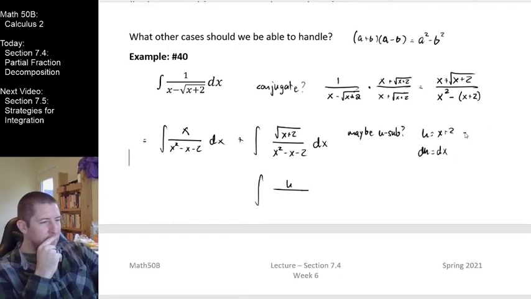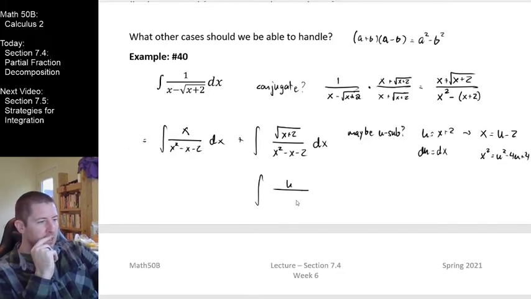I guess I could subtract 2 from both sides and say x equals u minus 2. And then I could get terms like x squared would be u squared minus 4u plus 4. So I could get a u squared minus 4u plus 4 minus u minus 2 minus 2.